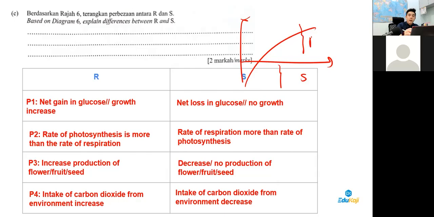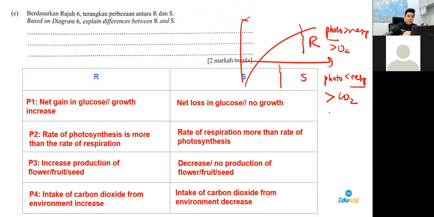So this is R, correct? Here photosynthesis is lower than respiration. Here photosynthesis is higher than respiration. Because here respiration is higher, more CO2 is produced. Here, because photosynthesis is higher, more oxygen is produced.